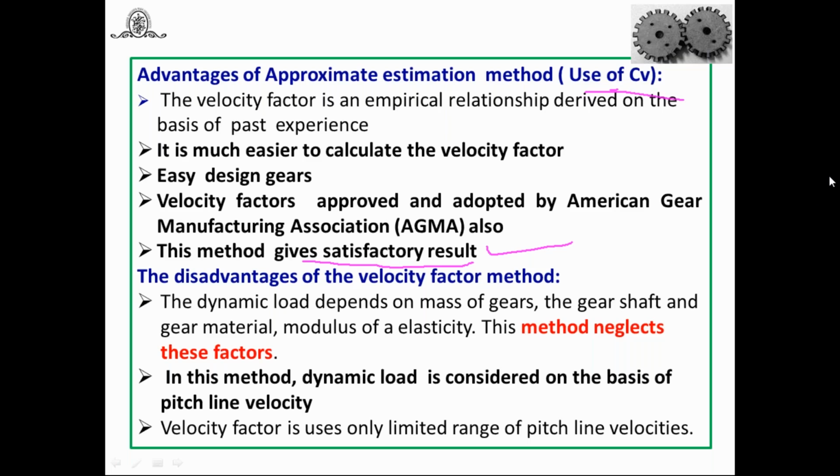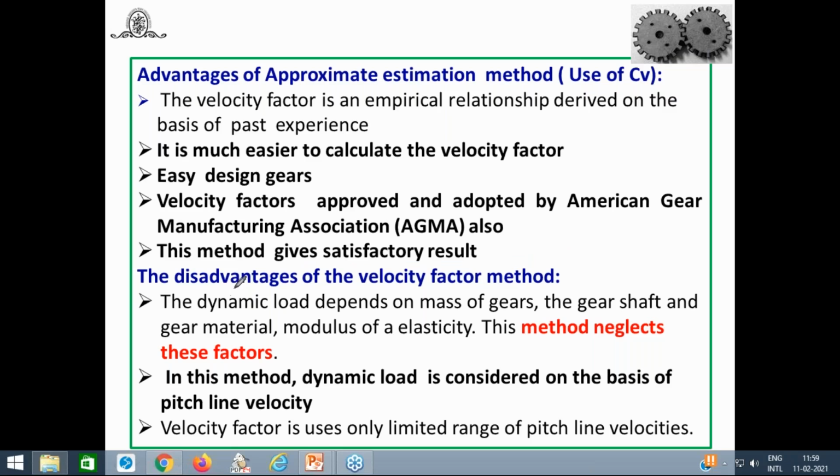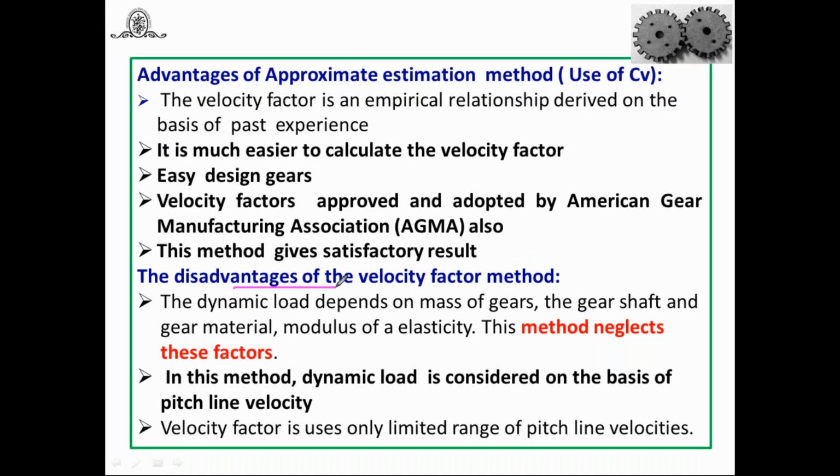But this method also has some limitations or disadvantages. We have considered in this case only the pitch line velocity as the criterion to take into account the dynamic load. But in actual practice, dynamic load depends on mass of the gears, gear shafts, gear material, modulus of elasticity.